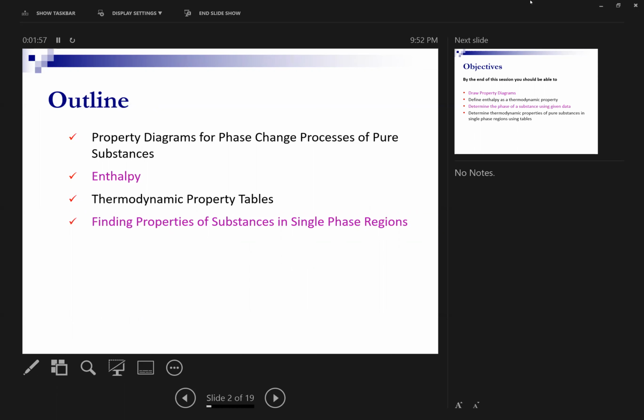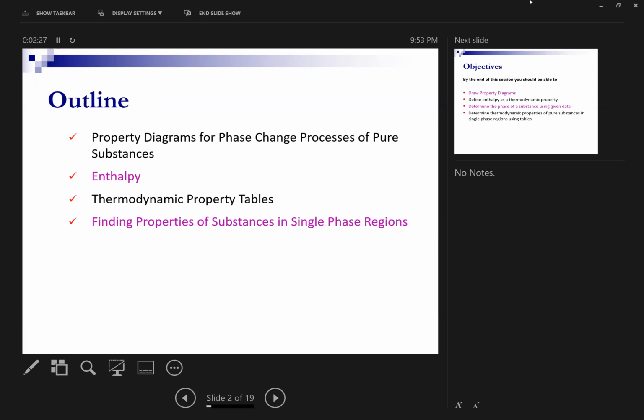Today we will review a little bit of the property diagrams for phase change processes of pure substances. This is what we discussed in the previous section. Then I'm going to introduce you to a new thermodynamic property called enthalpy. We're going to use this property a lot when we're discussing the energy analysis of closed systems.